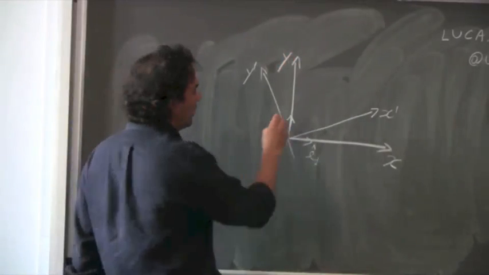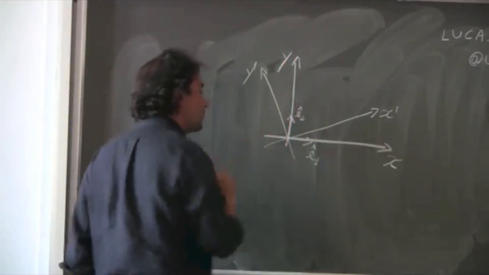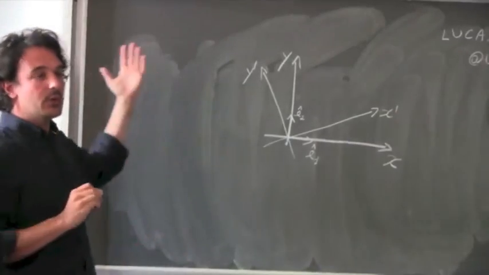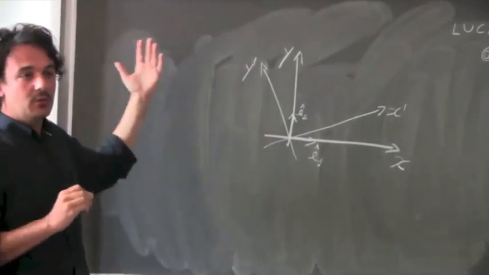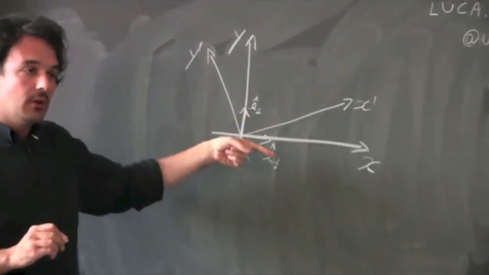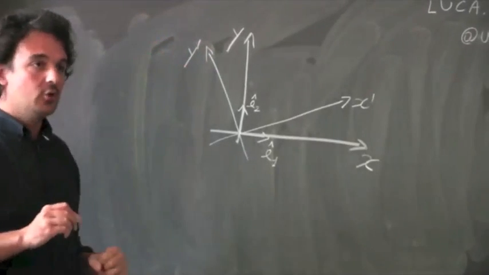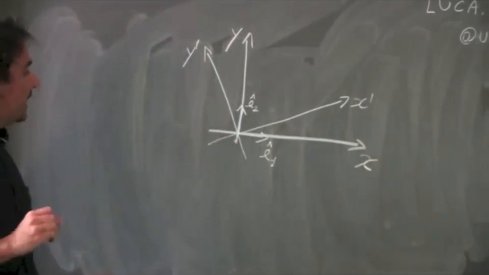Associated to y, you have the second vector of the basis. Here on the blackboard we have a two-dimensional space, so we need only two vectors to project every other vector.